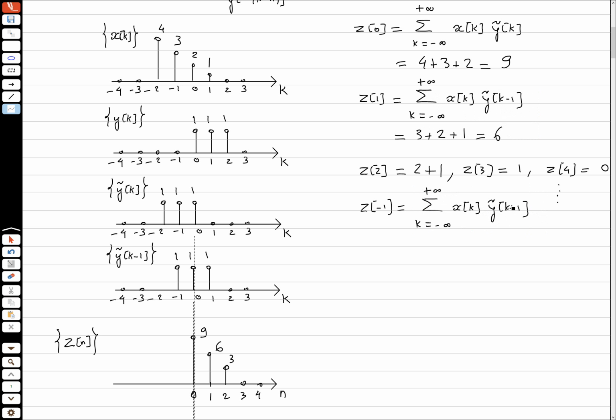But again, I'm not going to draw the picture. You shift this by 1 to the left. So you're going to find 4 plus 3 only. Oh, I forgot the 1. Oops.